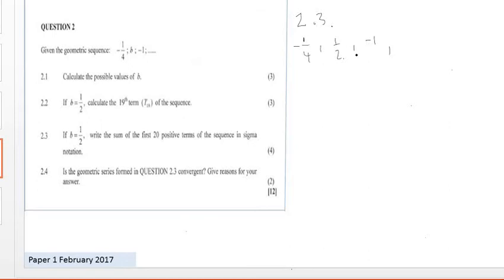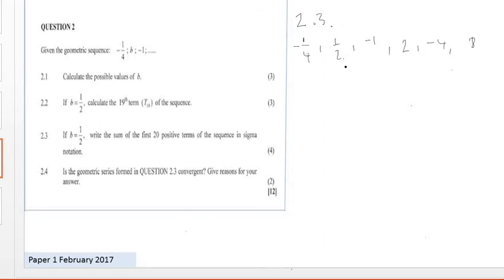Since we know that the common ratio is -2, if we multiply -2 with -1, we get 2, and then we multiply 2 by -2, so we're going to get -4, and then if we multiply -4 again by -2, we are going to get 8.